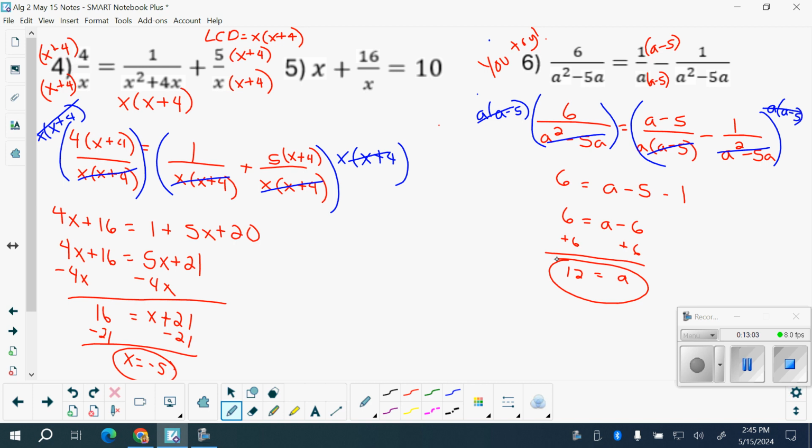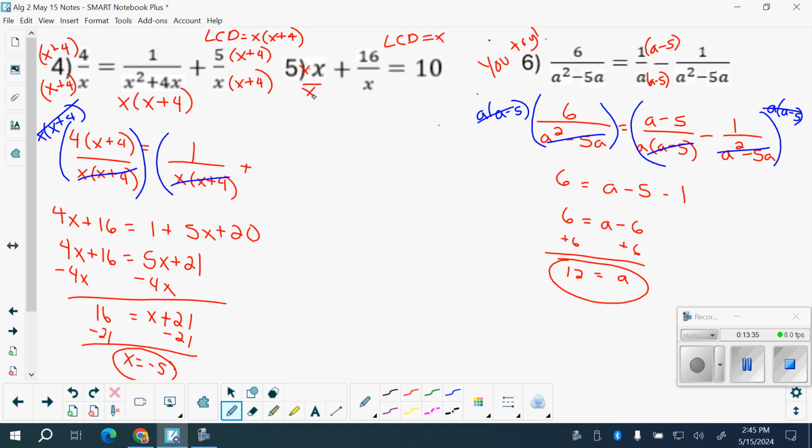Okay, I'm going to talk about number 5. Last one. What's the least common denominator on number 5? X. So on this one, we're going to multiply by x over x.